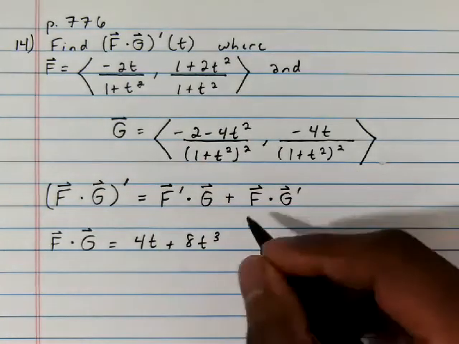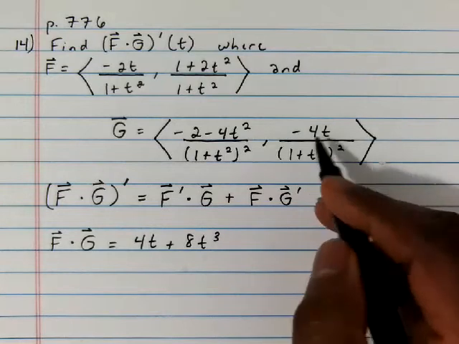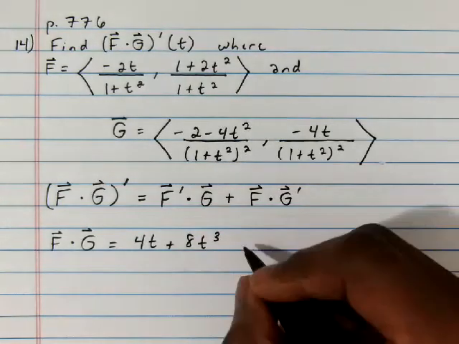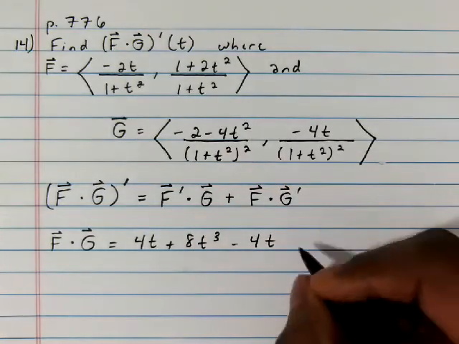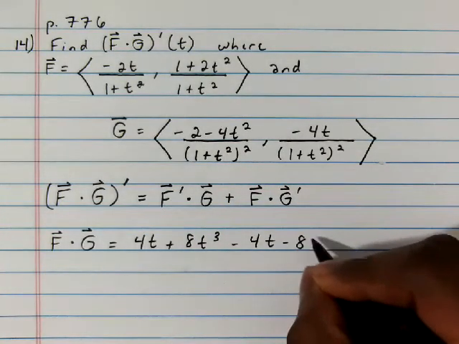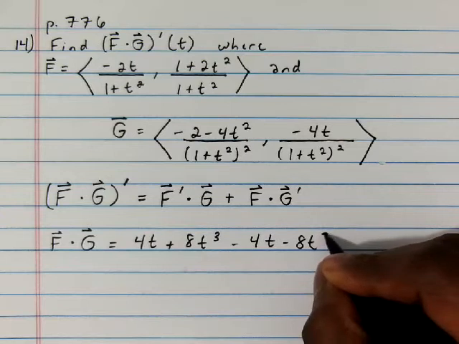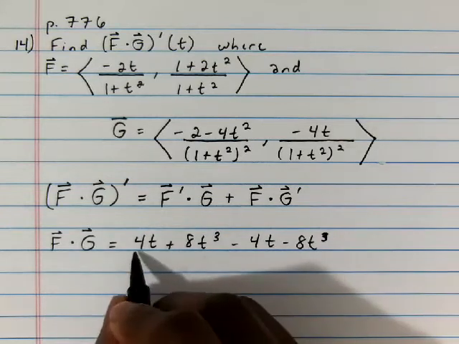We're going to have the same denominator there, so I can just put all this together. Then over here, we're going to end up with negative 4t, then minus 8t cubed. So yeah, this works out nicely.